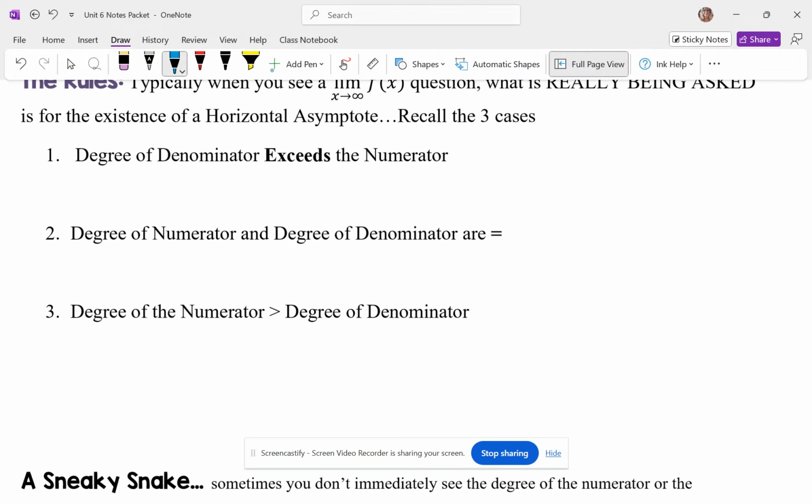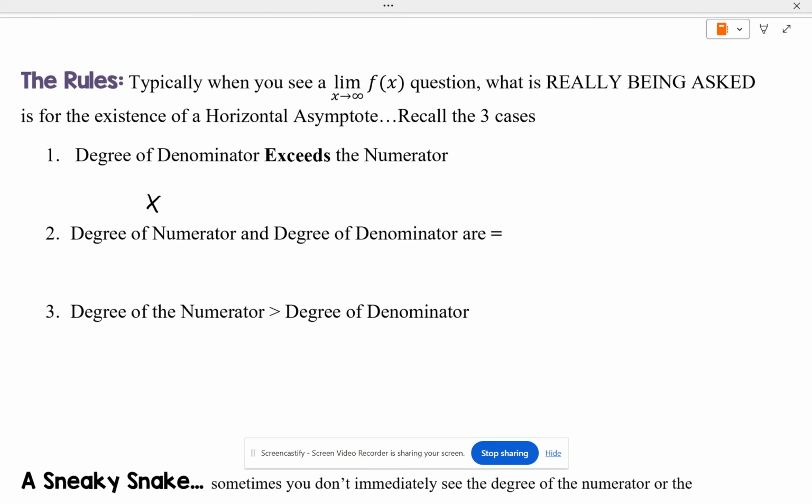Can someone give me an example? An 8 and a 6. Is it larger than the numerator? Yes. So the degree of the denominator exceeds the numerator. So you have something like this. Perfect. So this could be an example.